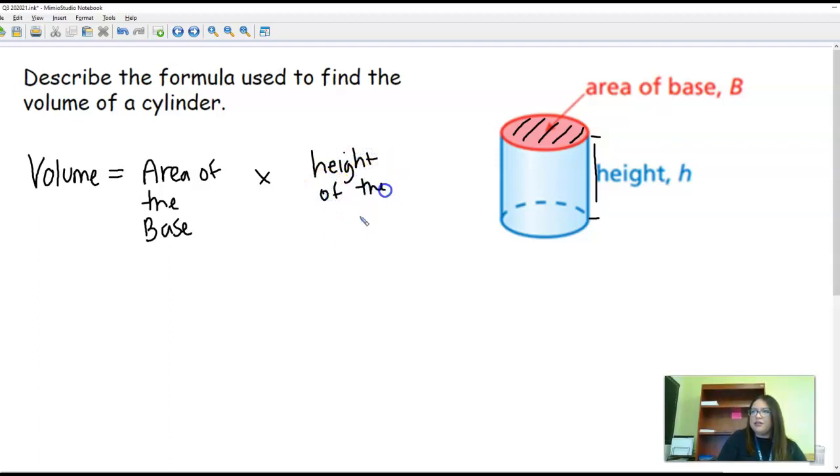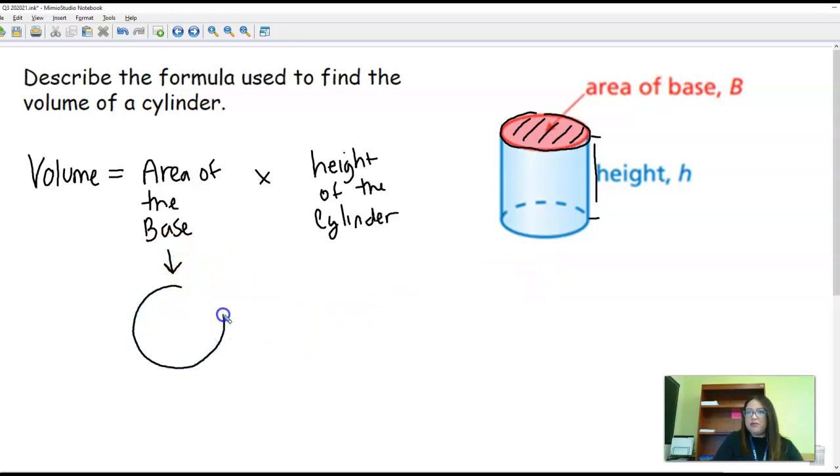of the cylinder. Now we have to be very careful because the base itself is in the shape of a circle. So we need to remember that in order to find the area of the base of a cylinder, we would be finding the area of a circle. The area of a circle is found by doing pi r squared, which can also be written as pi times radius times radius.